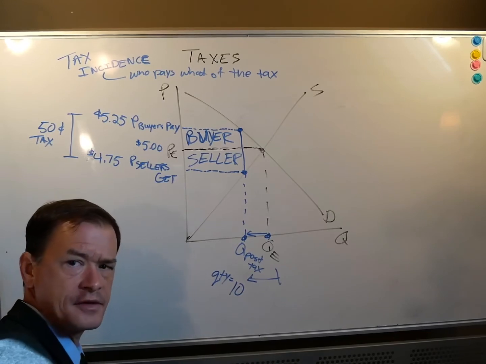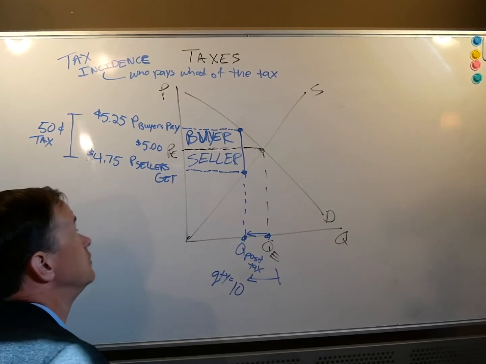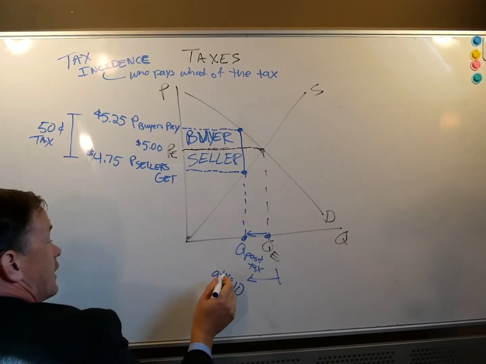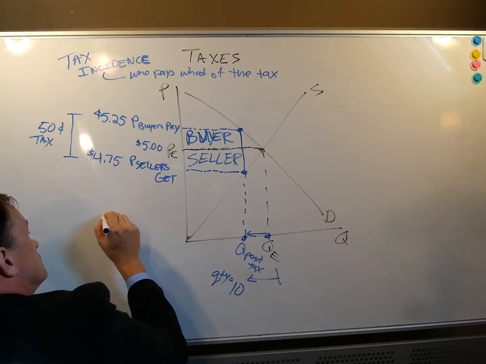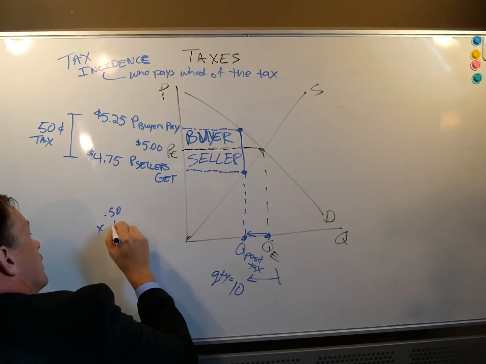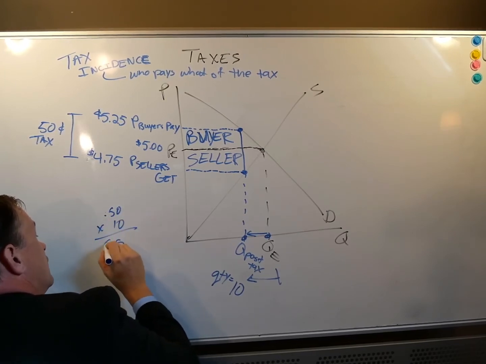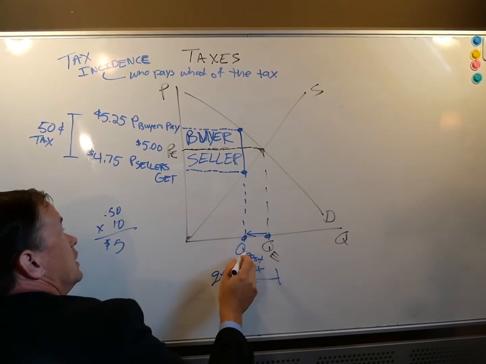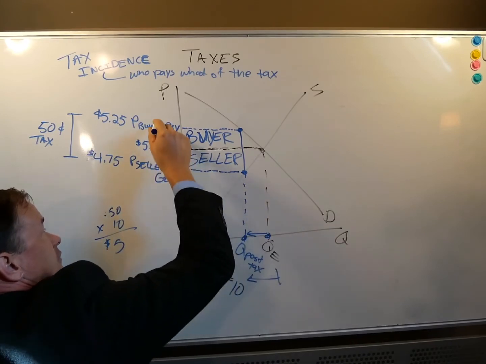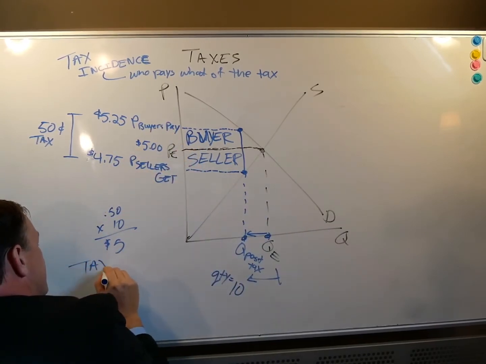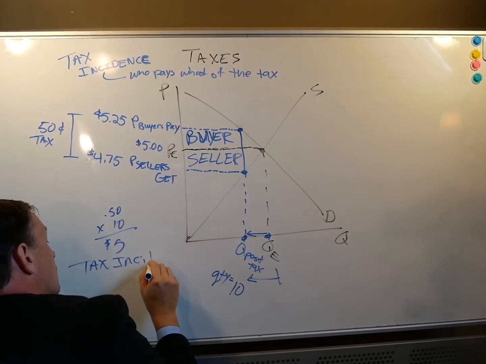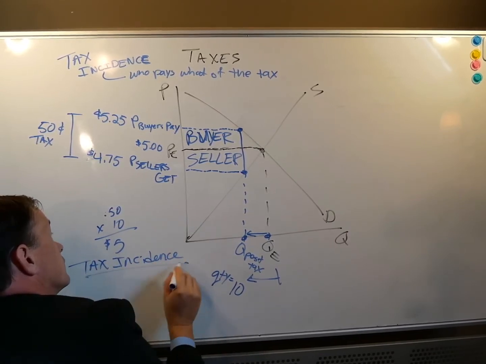Do I know the size of the tax now? Yes, you do. So if you had 50 cents times 10, you've got a $5 tax. That's the quantity times the size of the tax, 50 cents. You follow? Then who pays what? My tax incidence is as follows.